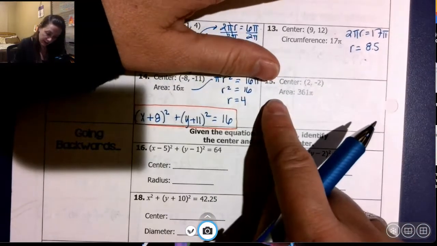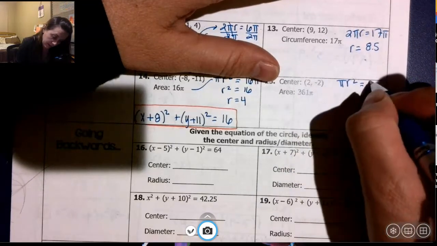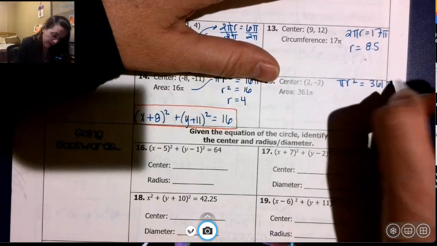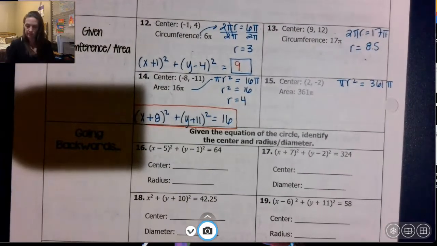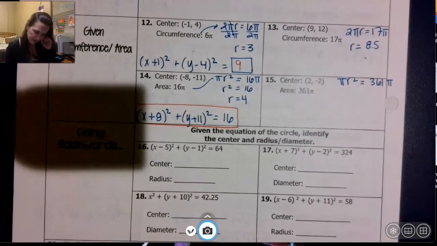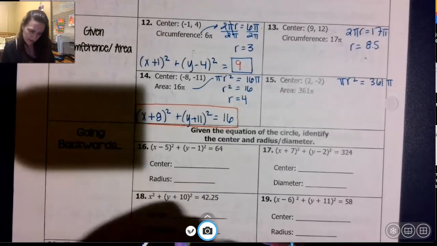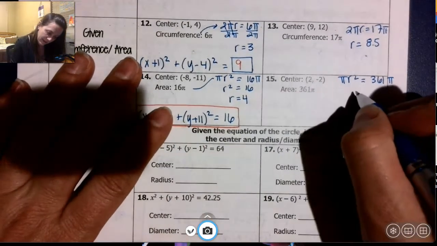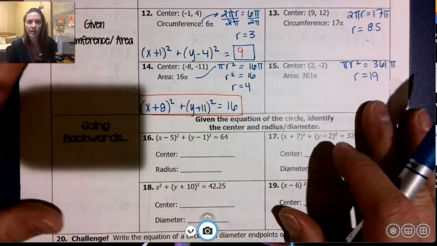Here, area pi r squared equals 361 pi. Do I know the square root of 361? 19. I was going to say, I think it might be 19. So you could write the rest of it if you know those.